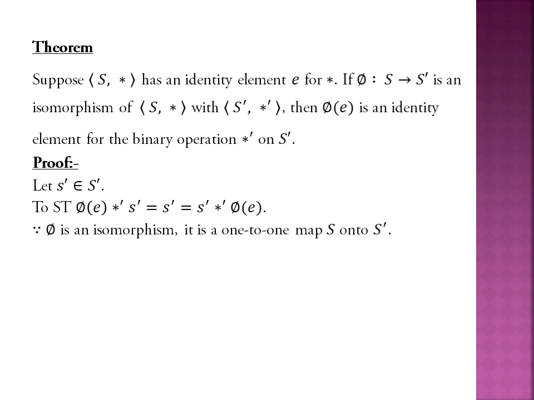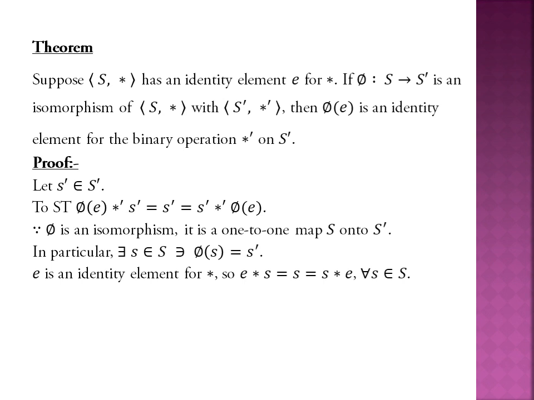Since phi is an isomorphism, isomorphism means one-to-one property satisfied, onto property satisfied, and homomorphism property satisfied. Here given that phi is an isomorphism, so it is a one-to-one map of S onto S dash. In particular, there exists s belongs to S such that phi of s equals s dash.